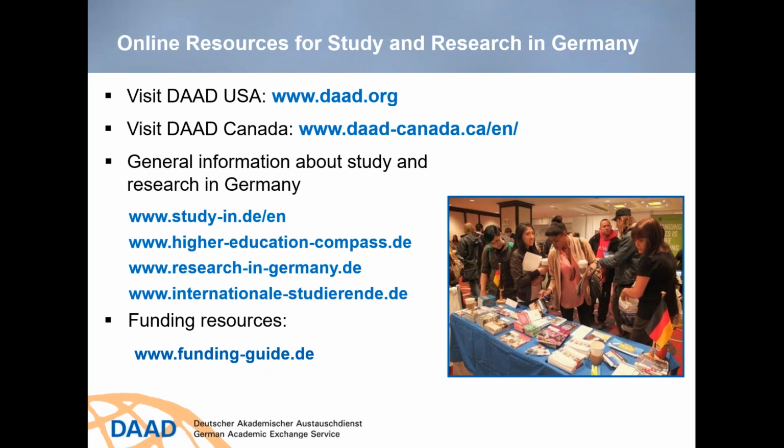The Higher Education Compass is another resource to orient yourself to the goings-on at German university campuses, specifically research cooperations. For those of you who are graduate level and above, you might want to spend some time exploring the Research in Germany site. Its address is actually now research-in-germany.org.